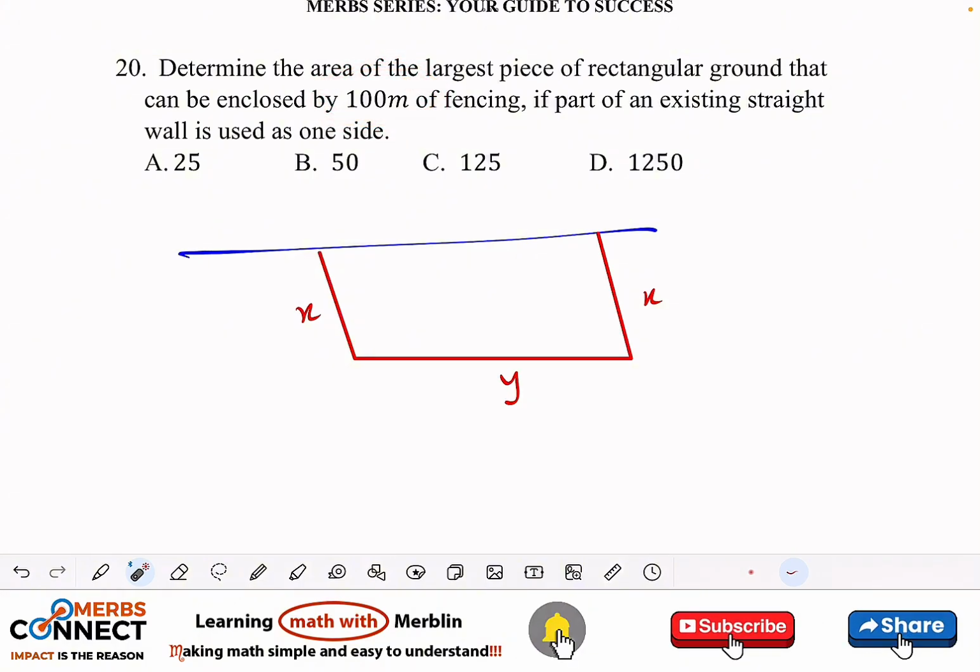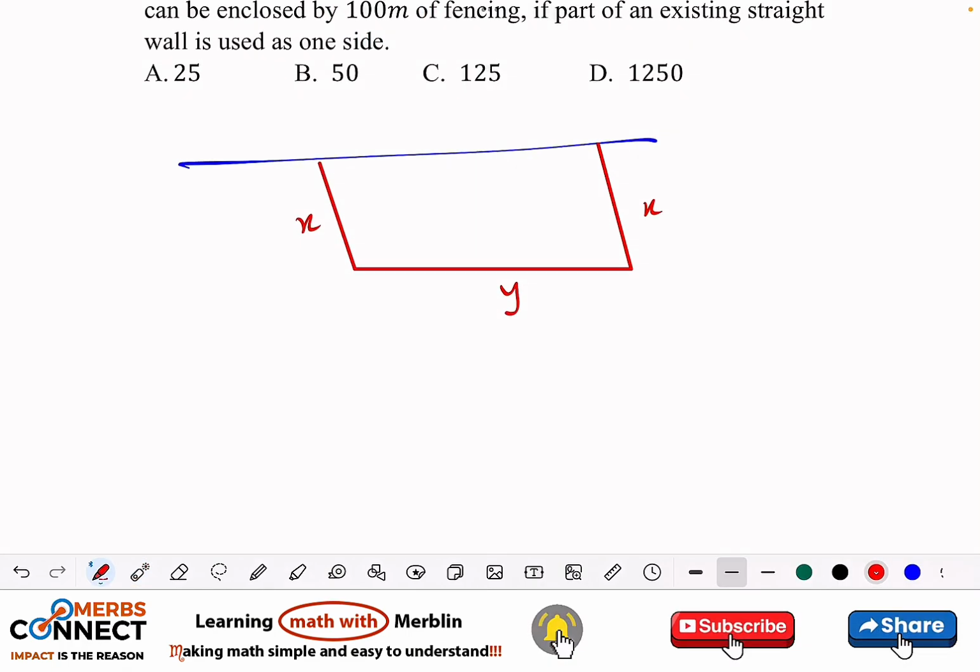So we know that the constraint here is 100. It said determine the area of the largest piece that can be enclosed by this fencing. So for us to fence this, we need 100 meters of material. So it means that 2x plus y should be equal to 100.